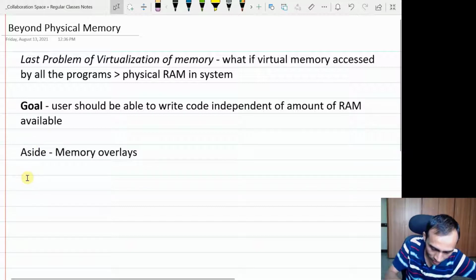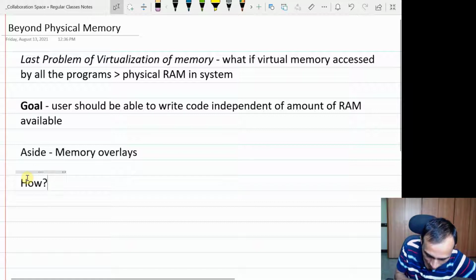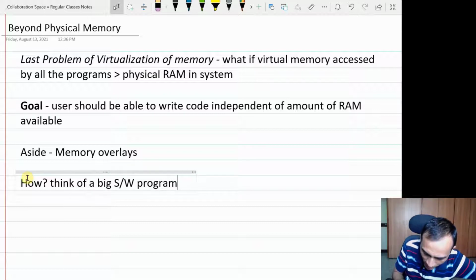If you think of a program, for example, a big software program which is probably using many complex, large libraries.